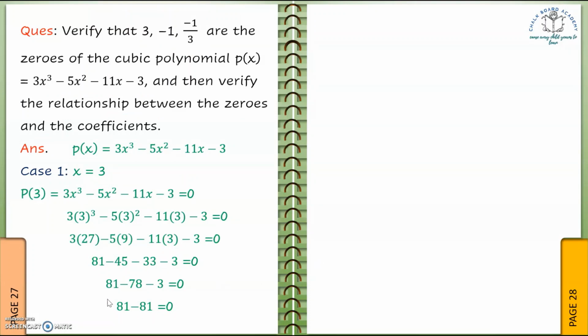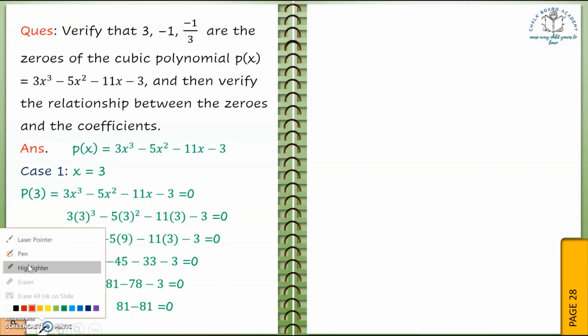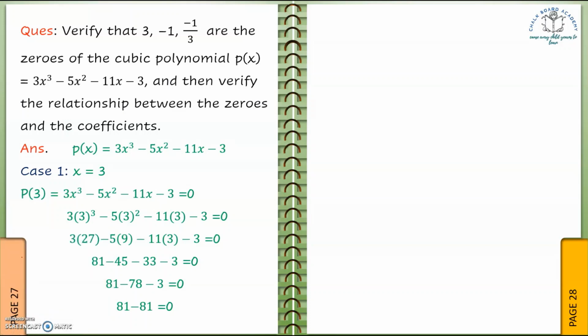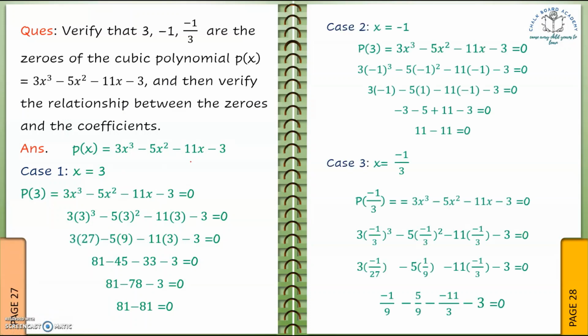Now case 2, in which we will take x as -1. So we are taking x as -1 here and let's look further. Here we will put the value of x as -1.